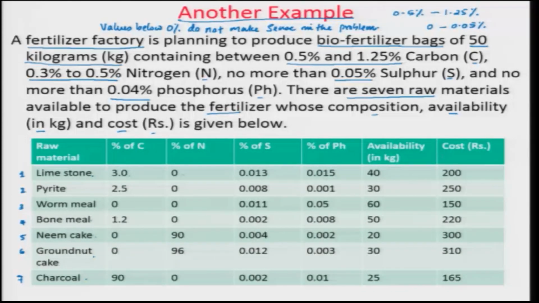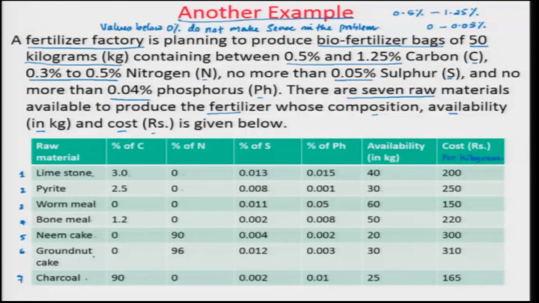This is cost per kilogram. Then the pyrite is the second raw material available, which has 2.5% of carbon, 0% of nitrogen, 0.008% of sulfur, 0.001% of phosphorus, 30 kilograms is available at 250 rupees per kilogram, like that.